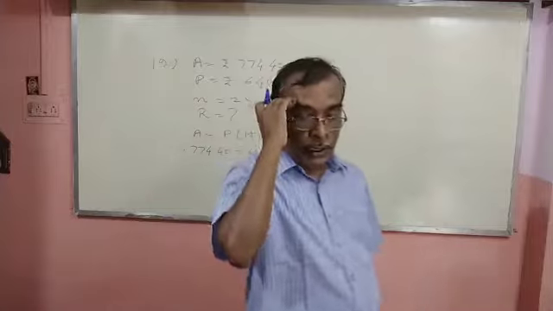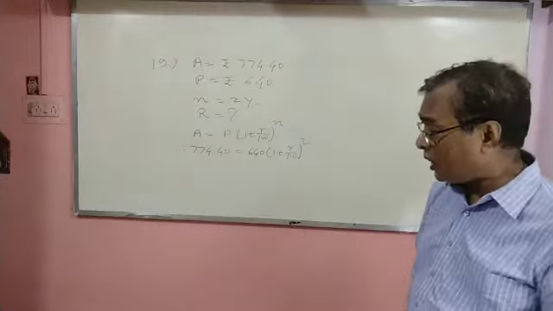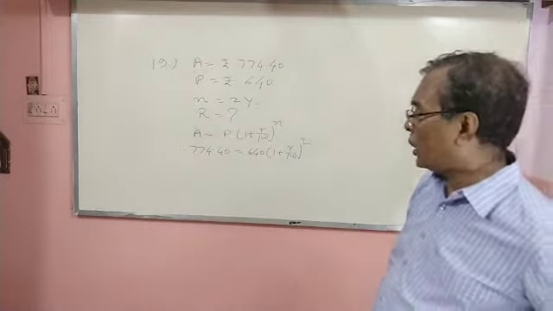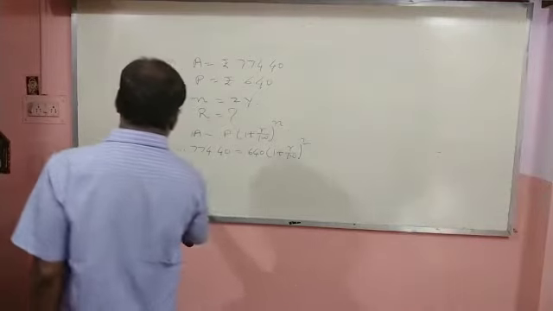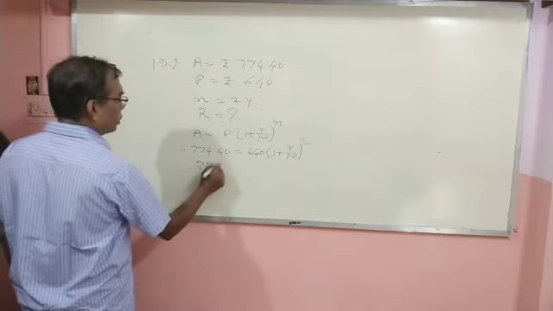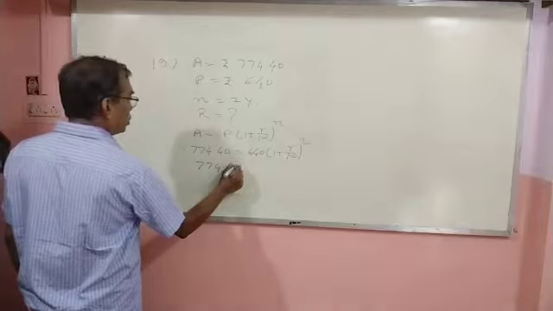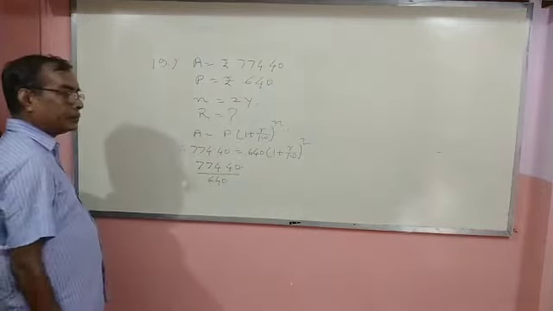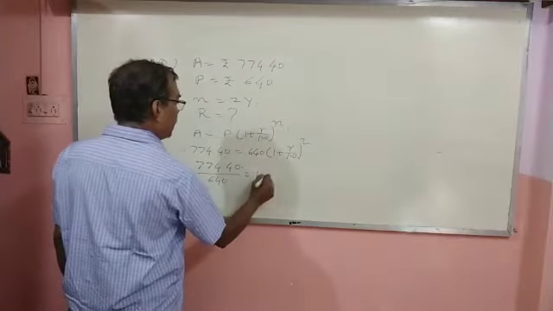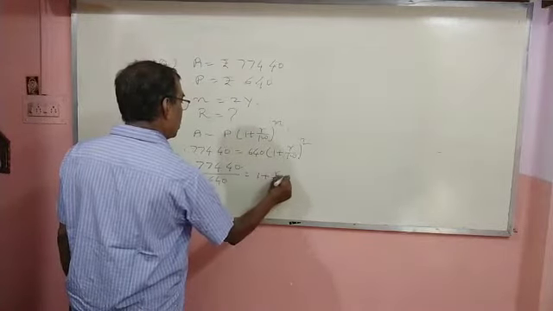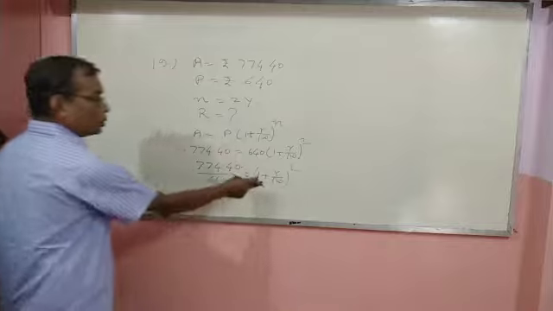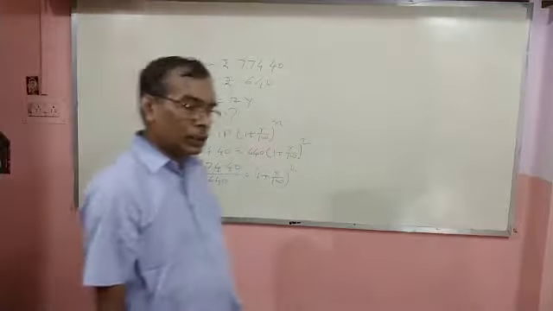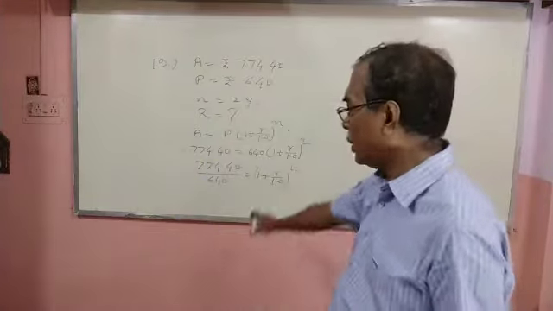Finding R from the brackets is really a tricky thing, not a difficult one. So 774.40 divided by 640 is equal to 1 plus R by 100 whole raised to 2. Don't take any calculators.